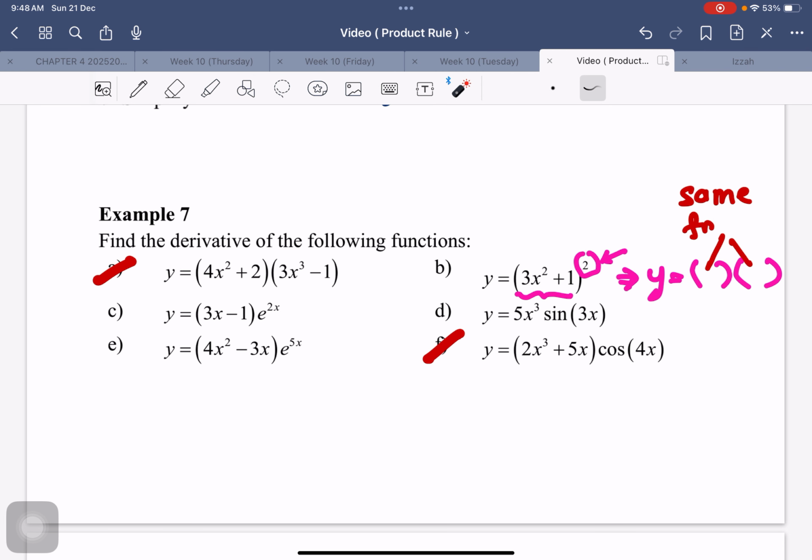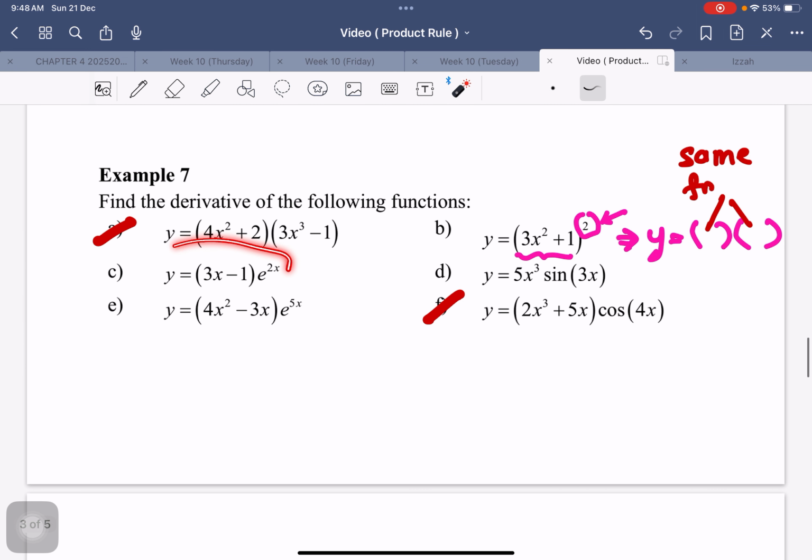As for this one, can we expand? Do we need to expand? The answer is if by expanding you don't have to use technique of differentiation, then you expand. In this example, if you expand, you can differentiate directly, so you expand.